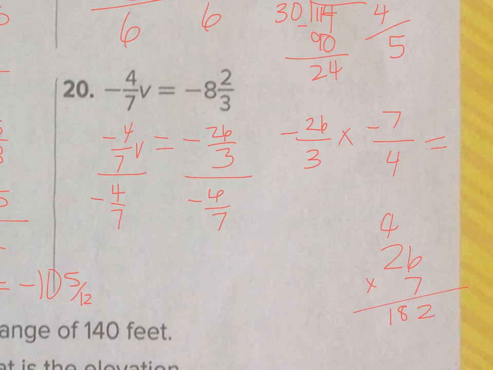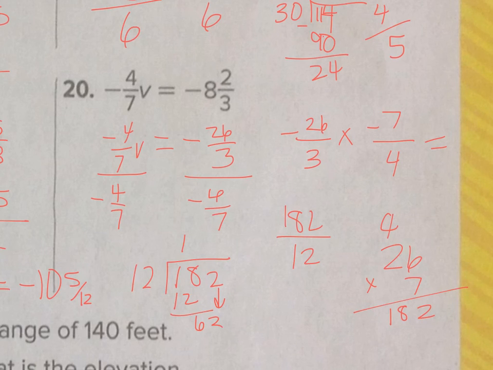So our answer is positive 182 over 12. And to figure out how to simplify this, I can see how many times 12 goes into 182, and 12 goes into 18 one time, with a remainder of 6, and 12 goes into 62 5 times, because 12 times 5 is 60.